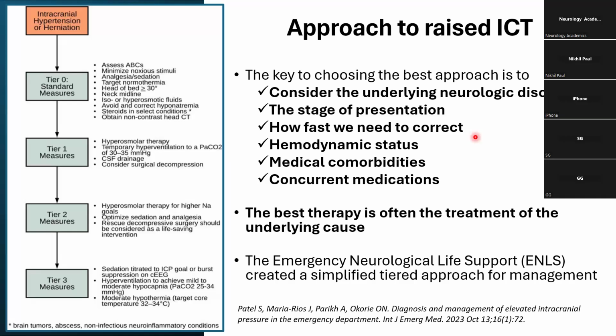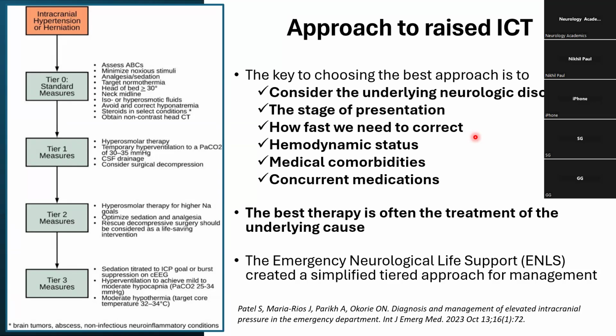Maybe there is a role for diuretics in such situations. And all the medical comorbidities, such as endocrine or renal issues which may interfere with our osmotherapy, should be considered. Concurrent medications also matter.